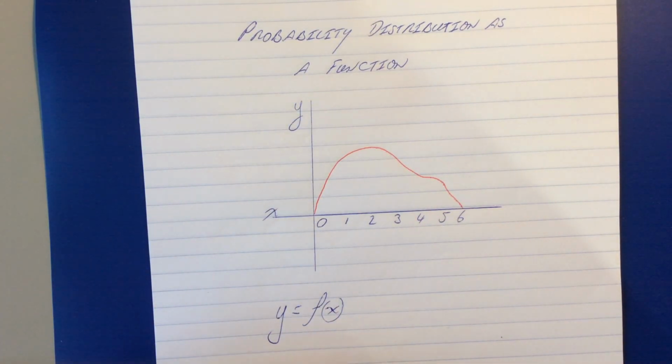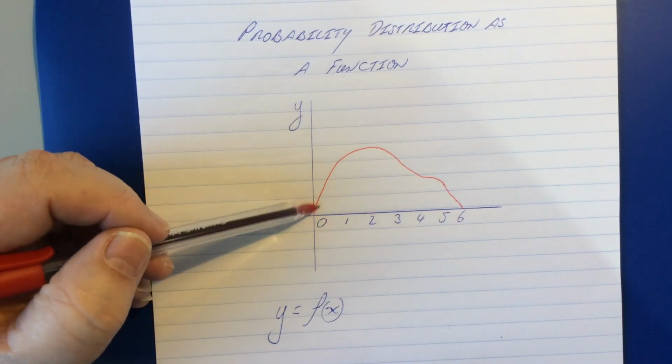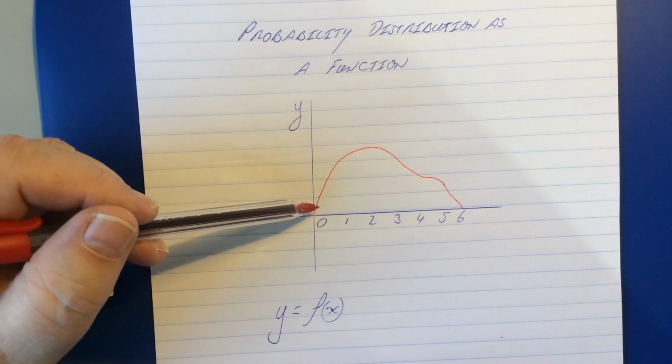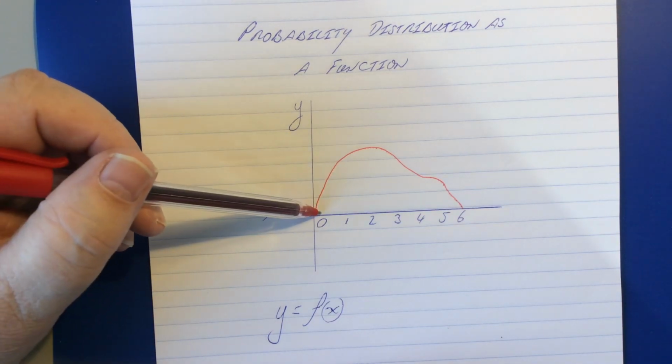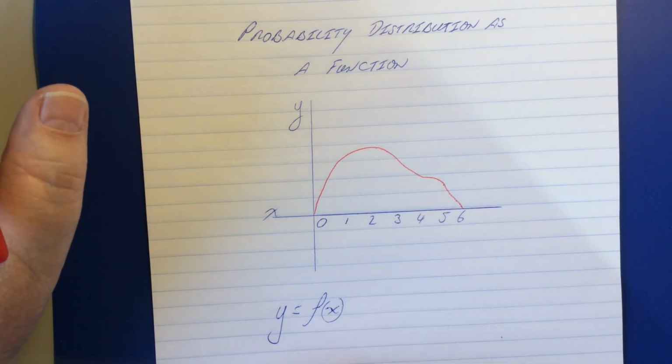Possibly. I don't know. It could be much simpler than that. But one of the points to make is that the area under this curve, whatever the function of this might be, the area under this curve is equal to 1, the total of all the probabilities.